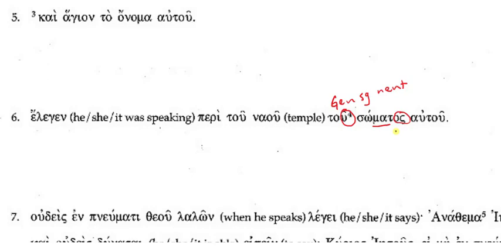All right? So, he spoke concerning the temple of, right? We've got a genitive noun here, so we're going to use our keyword of. Now over here, we have a genitive noun, tou naou. Why did we not use the keyword of before the temple?